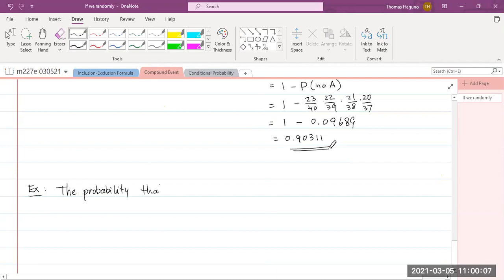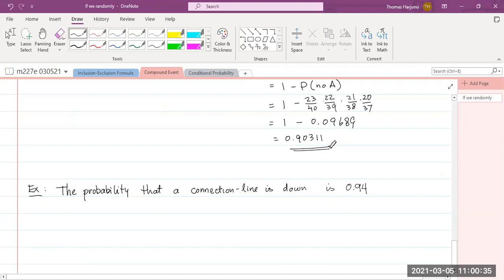that a connection line is down is, let's say, 0.94.